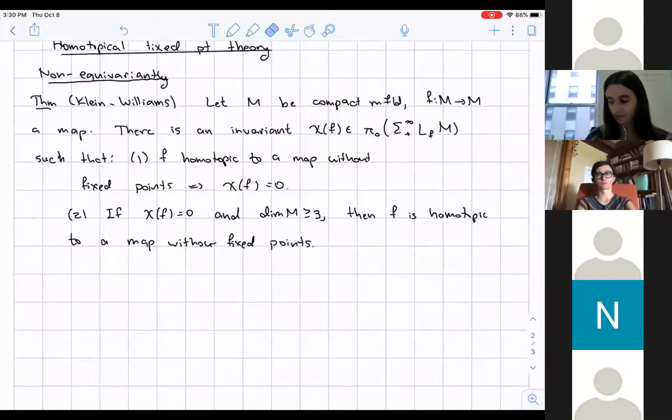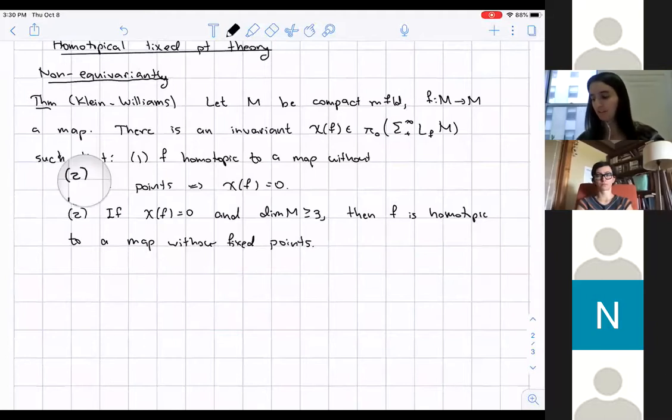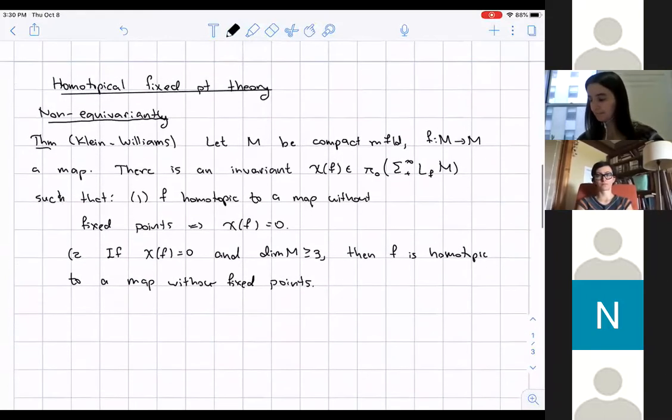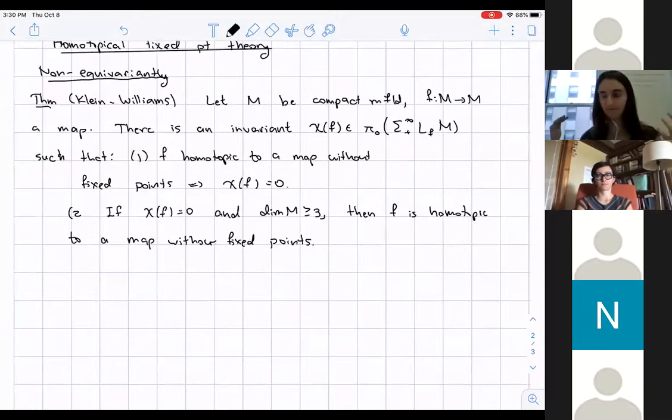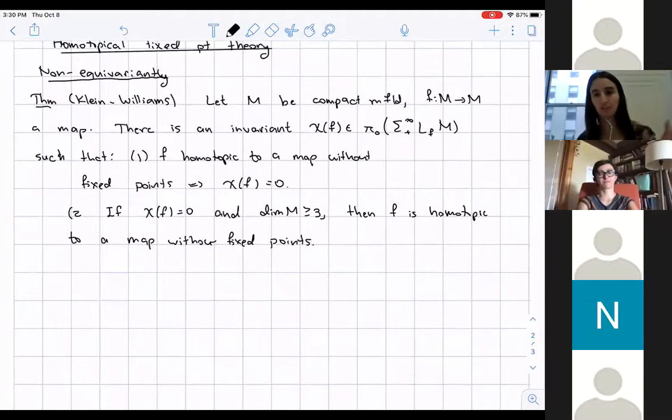So that's a pretty strong converse. It's essentially saying if your manifold is at least three-dimensional, then this is a complete invariant. This invariant tells you exactly whether you can remove the fixed points of f. That's a pretty good theorem, and that's the theorem that we're looking for in the isovariant context as well: what is going to provide, under some reasonable conditions, a complete invariant for removing the fixed points of a map.